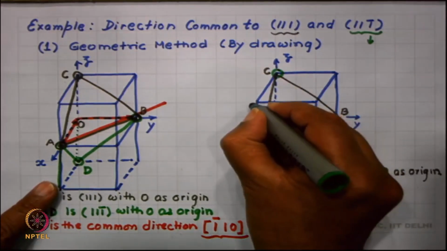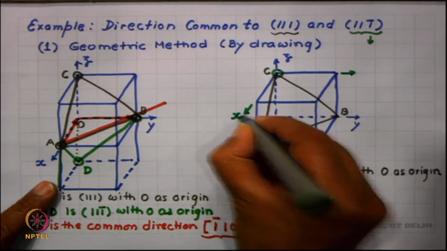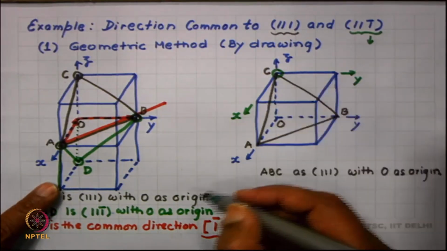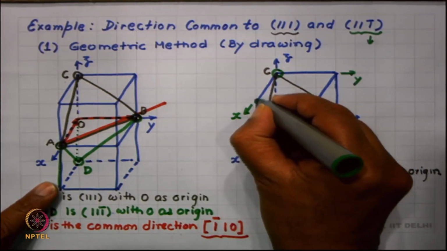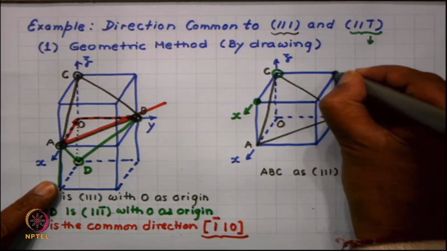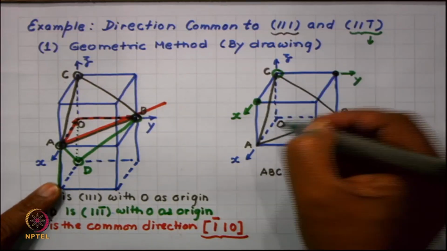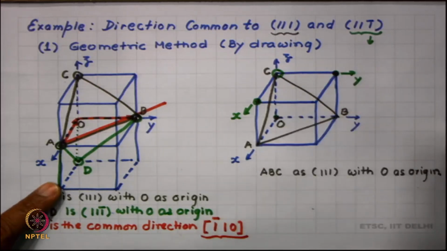So, I shift the origin at C, my new x and y axis are now passing through the new origin, and from here I take one step along the x, that brings me here, one step along y, that brings me there, and one step along negative z, that will take me there.